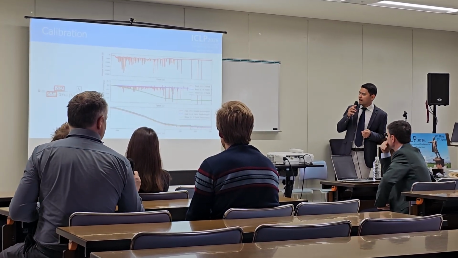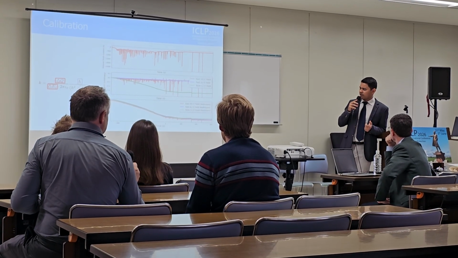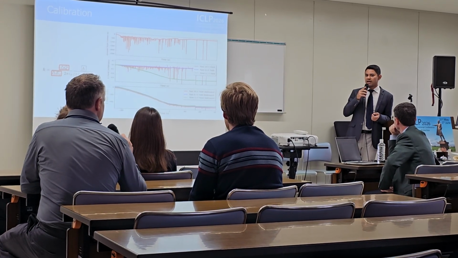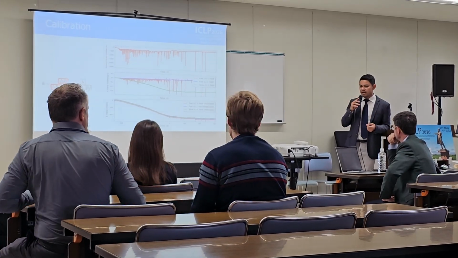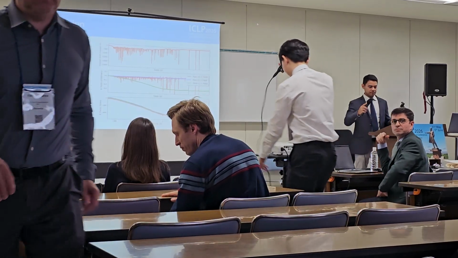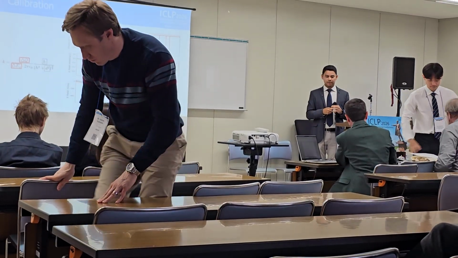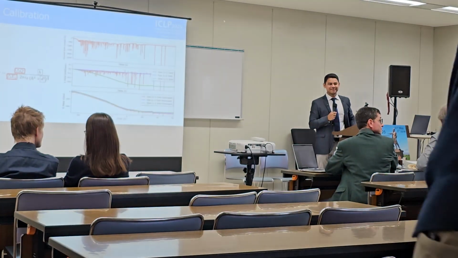So the ICC phase lasts about 500, 600 milliseconds, about half of a second. So we calibrate based on the ICC phase of the rocket-triggered lightning. Very nice work. Thank you.